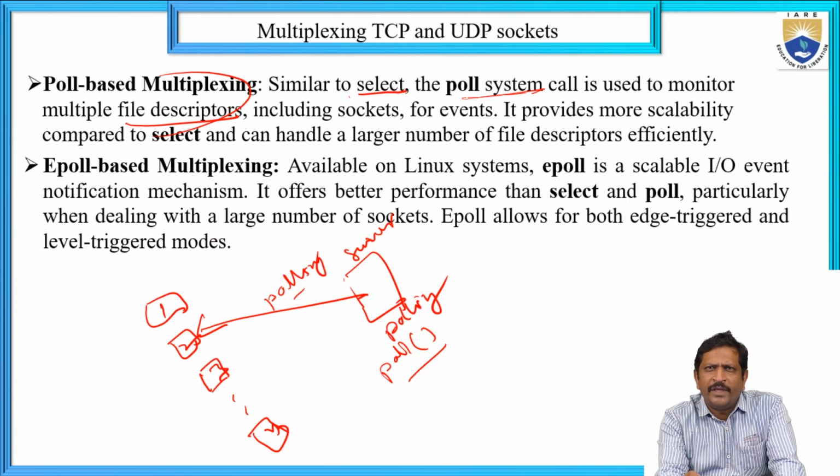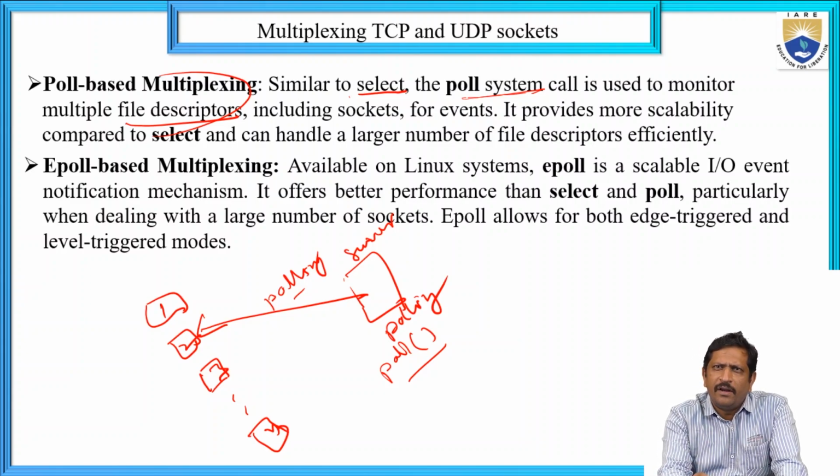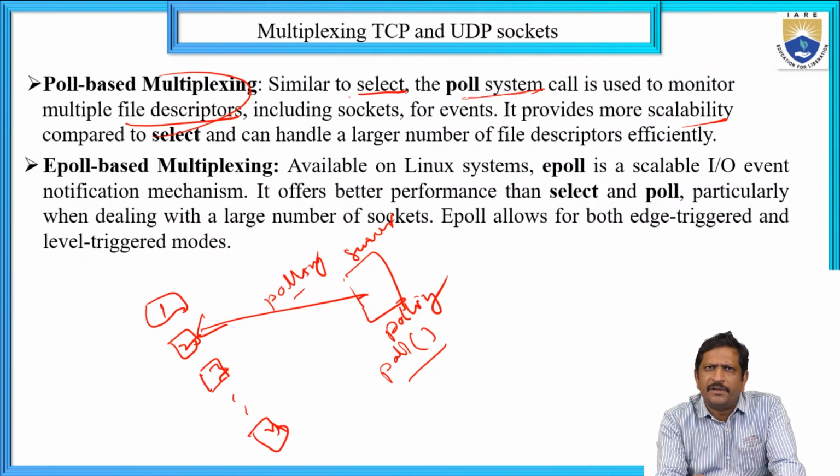Here, which includes the sockets for events. Whatever events we are using, now we are including the sockets. It provides more scalability compared to select and can handle a large number of file descriptors efficiently.